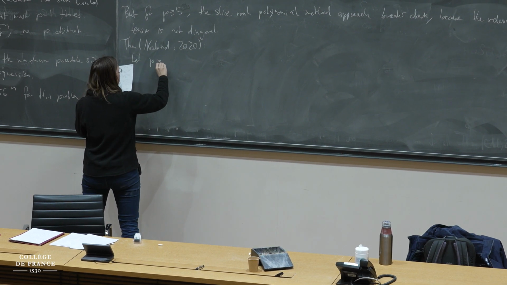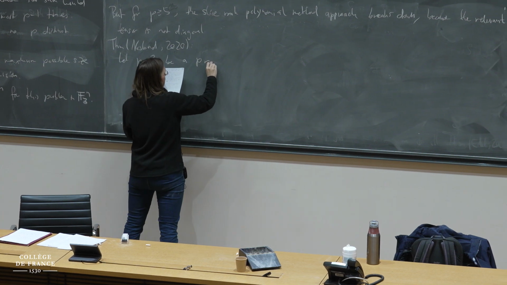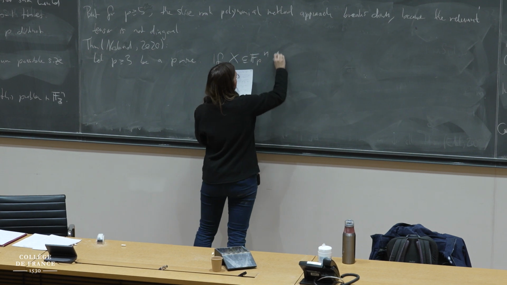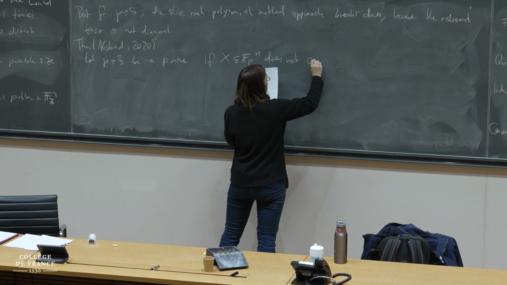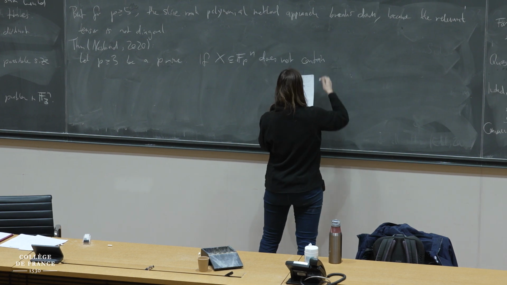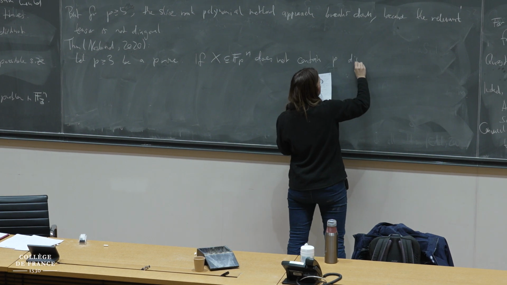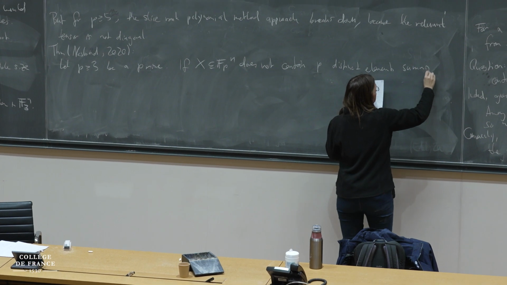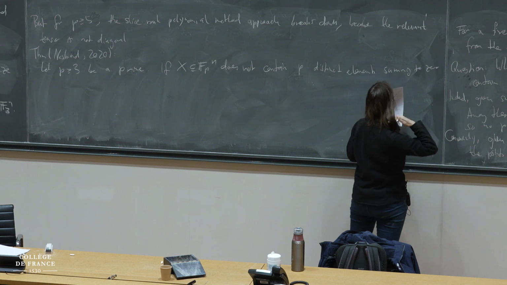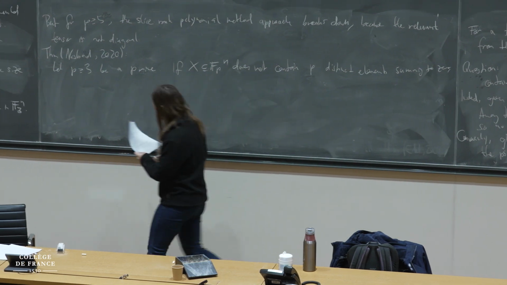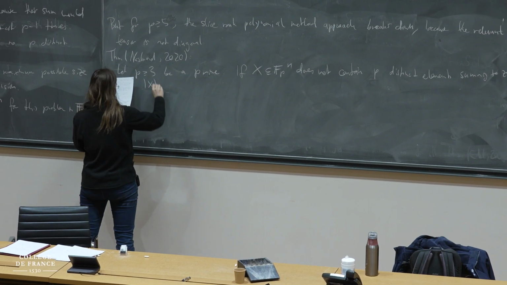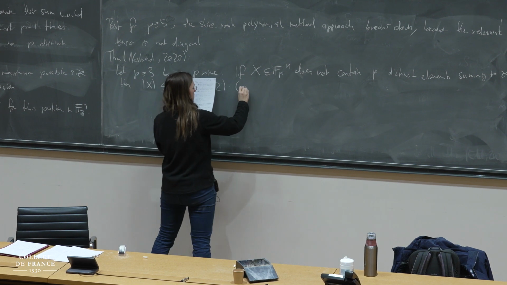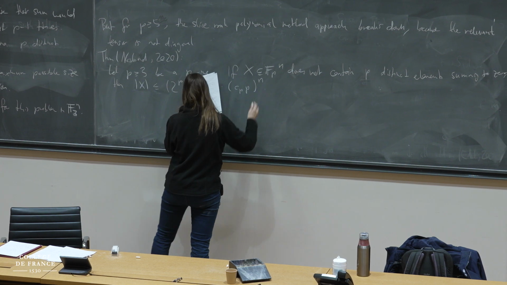So let p at least 3 be a prime. And if X is a subset of F_p to the n without p distinct elements summing to 0, then he proved that the size of X is at most 2 to the p minus 2 times C_p p to the n.